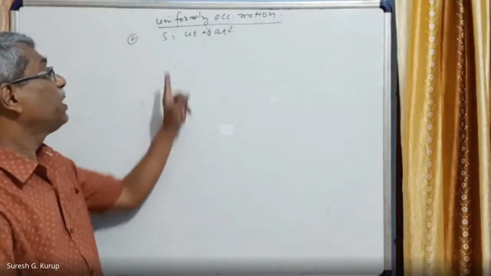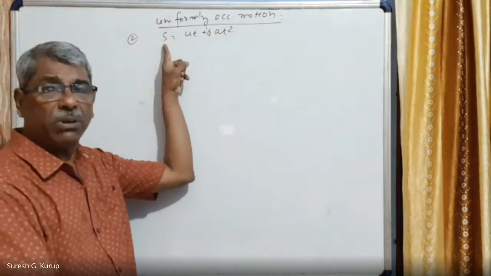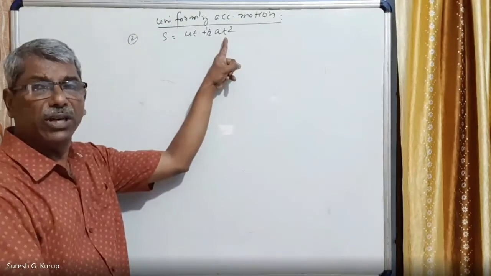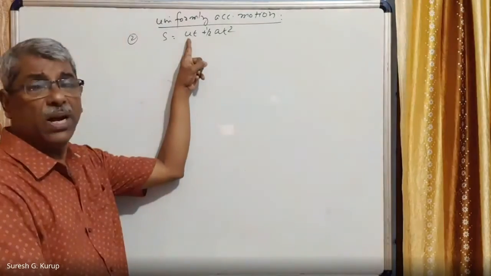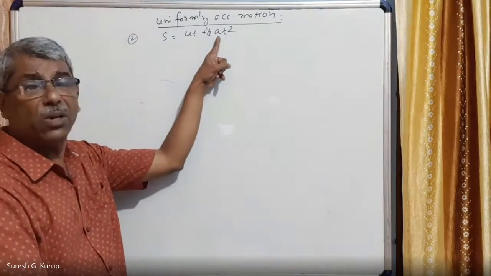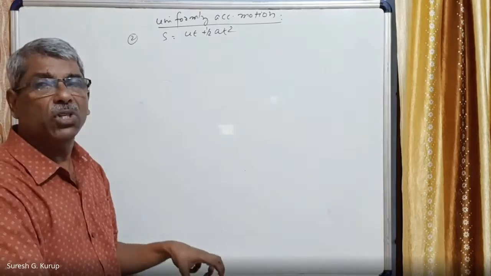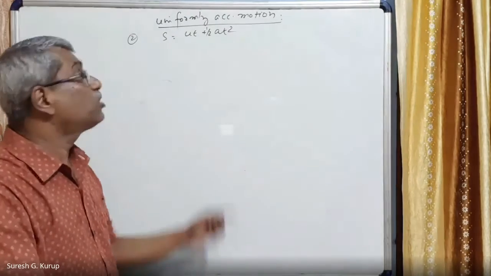Here, s is the displacement of the body when the time is t seconds. The body was starting its journey with the initial velocity u, and its acceleration remains constant. After t seconds, what is the displacement of the body for uniform acceleration? Displacement is s.